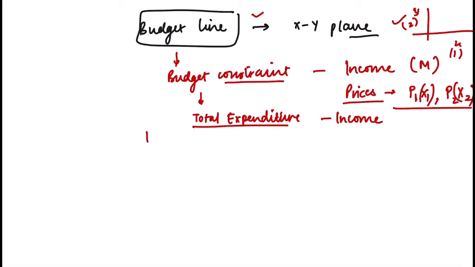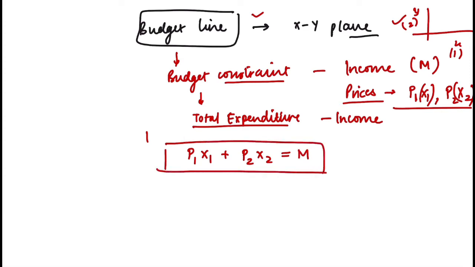And how do you write that in the constraint? It is P1X1, the expenditure on good 1, plus P2X2, the expenditure on good 2, should be equal to M or can be less than M. But for simplification purposes, there's an assumption that we usually take in economics, which is that the consumer spends all of his income. So this is why we get this specification.